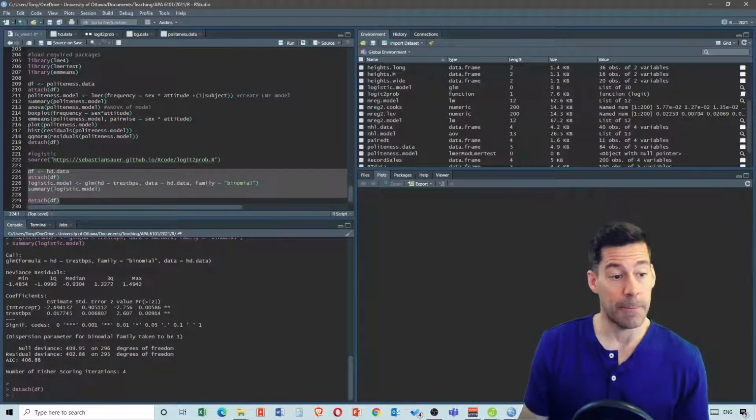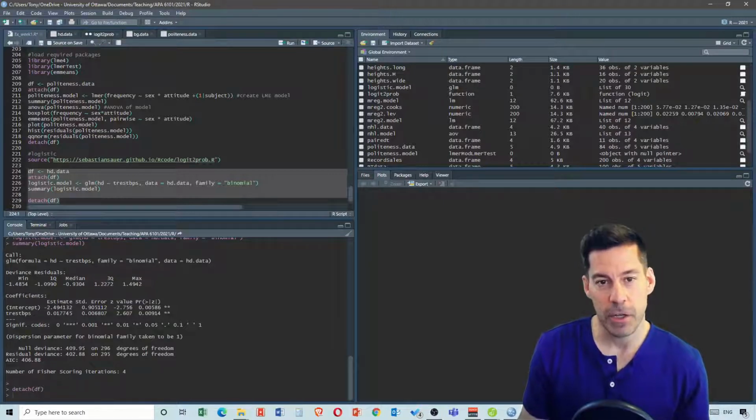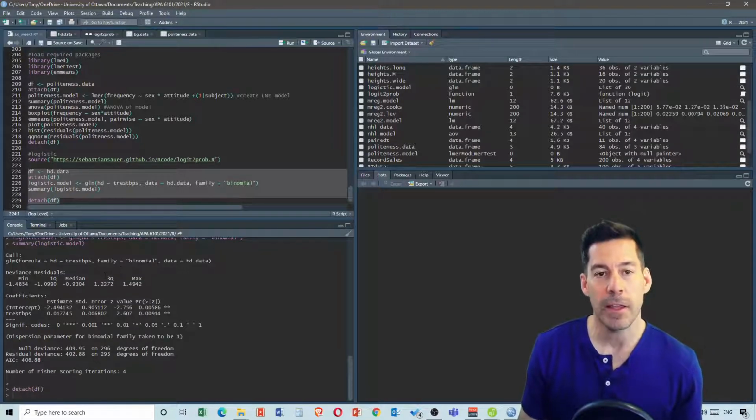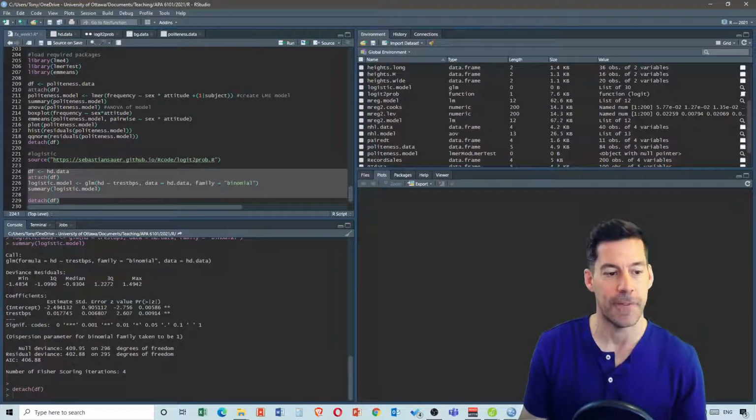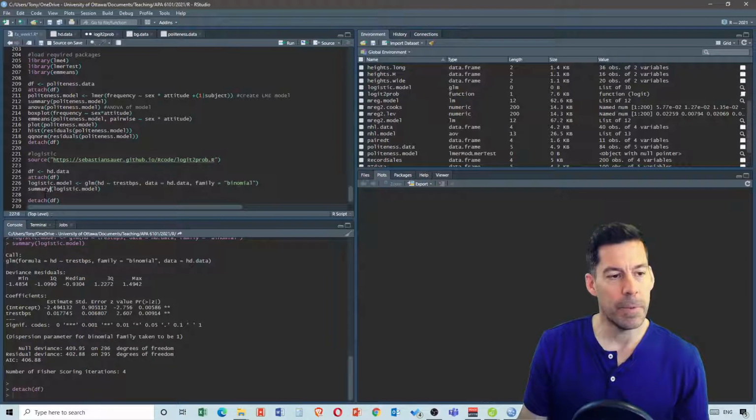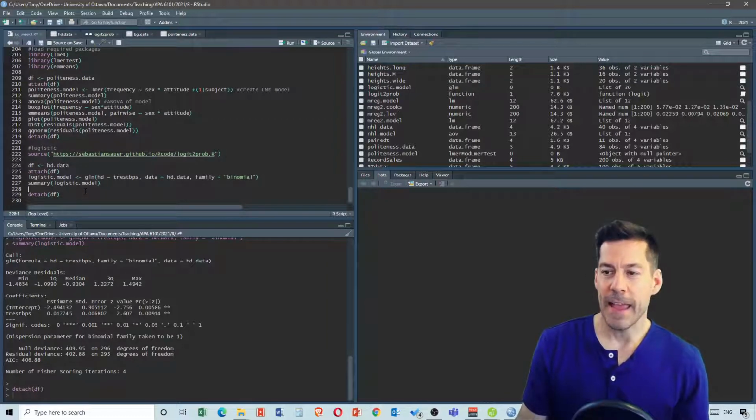What we've got is a couple of different estimates of our beta coefficients for a logistic model that we can then use to calculate the probability at any given blood pressure level. The way we're going to do that is we're going to use our logit to prob. So let's say we wanted to do this calculation.